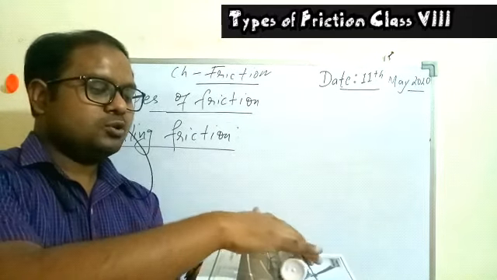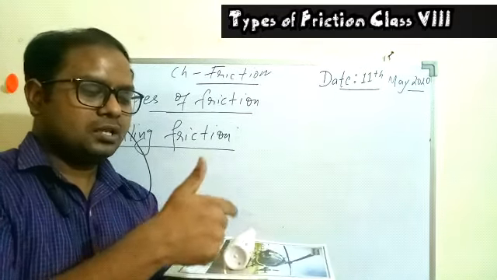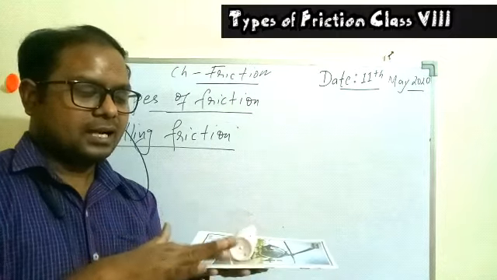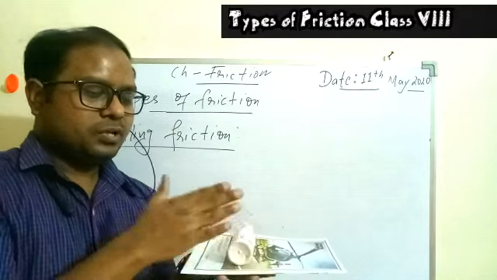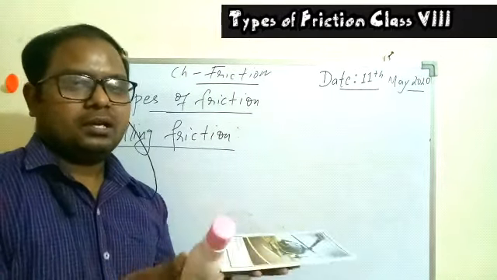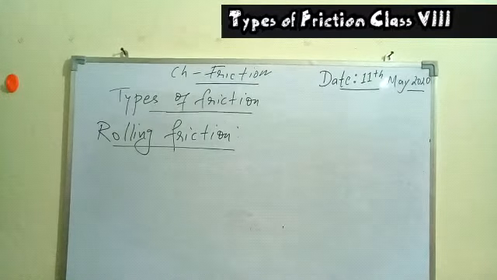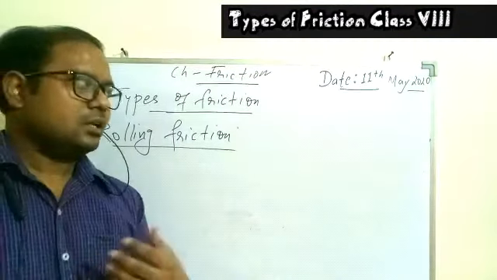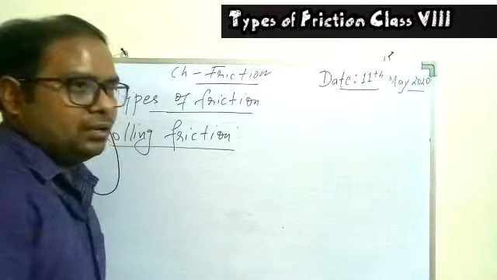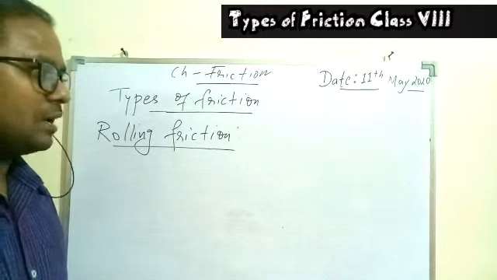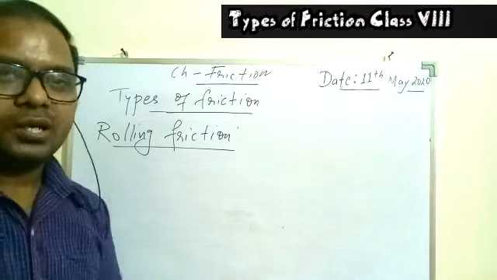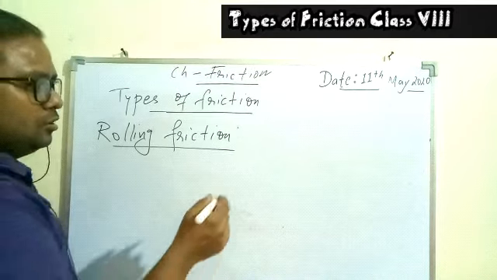So when the object is rolling on the surface, then also there is a friction between the rolling object and the surface, and this friction will be given the name rolling friction. So the only thing is, once the object comes in motion, the object can slide, the object can roll. So if the object is sliding, the friction will be given the name sliding friction. If the object starts rolling, then it is given the name rolling friction.